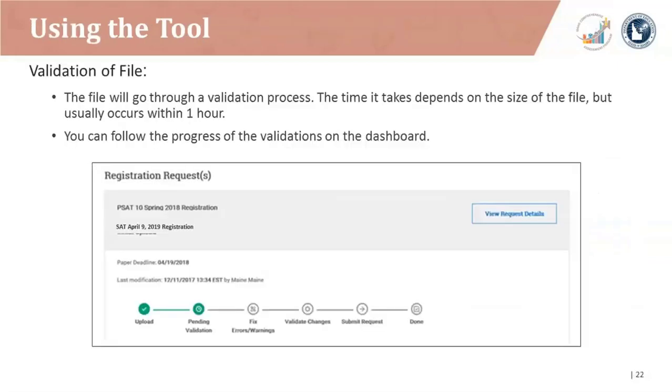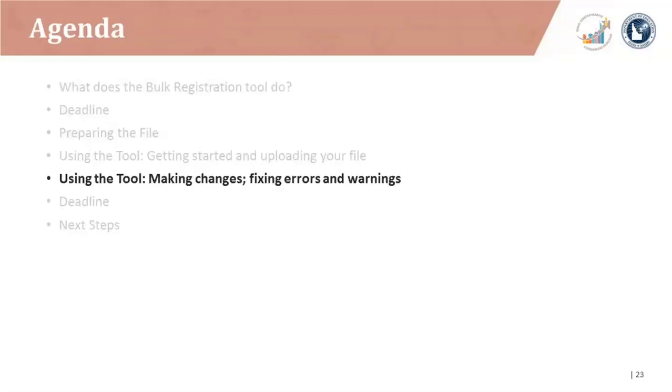The file will go through a validation process. The time it takes depends on the size of the file, but usually occurs within 1 hour. You can follow the progress of the validations on the dashboard. Sometimes the bulk registration upload will have errors or warnings, or changes will need to be made.